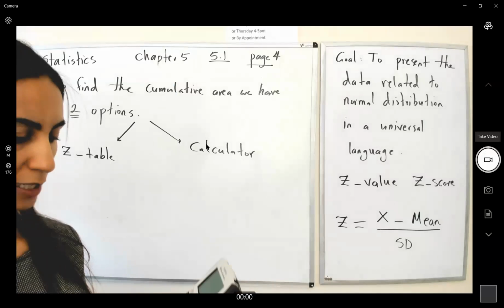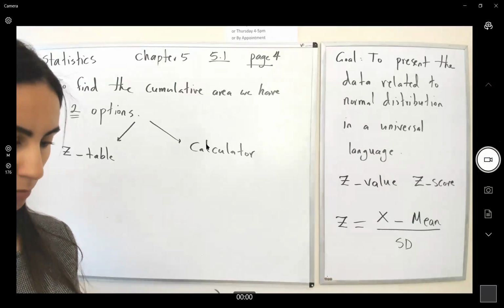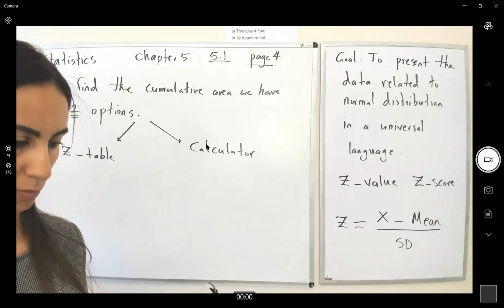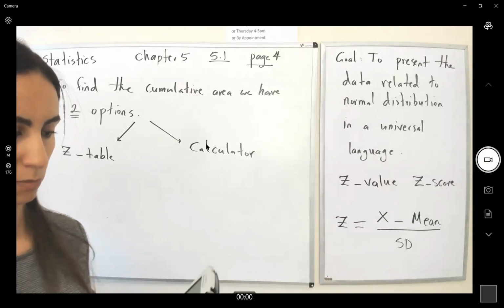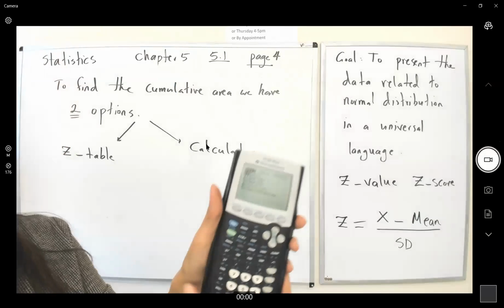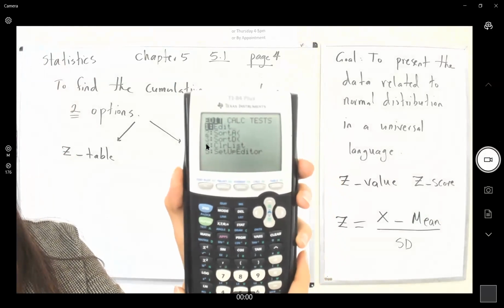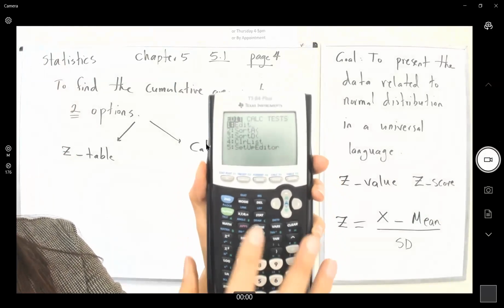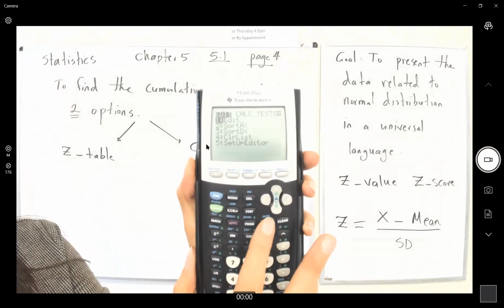Well, to use your calculator, here you have your calculator. Click on second, bars.